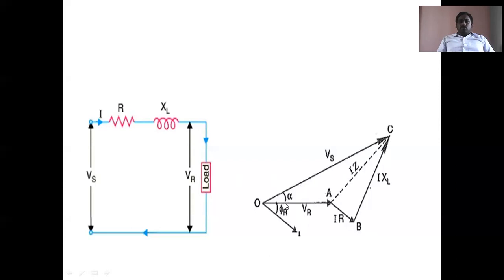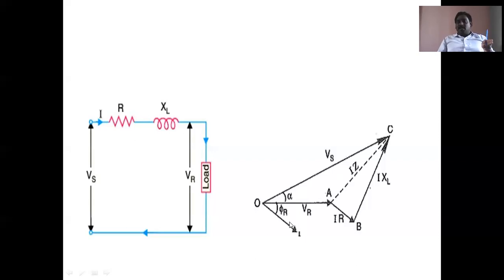So the power factor angle is the angle between the voltage phasor and the current phasor, and the power factor is the cosine of that angle. So finally this is the voltage phasor and this is the current phasor. This is the total angle, not this one. Alpha is not the sending end power factor angle. The power factor angle for the sending end voltage and sending end current is this combined alpha plus phi r.